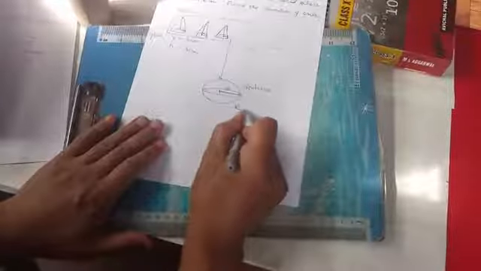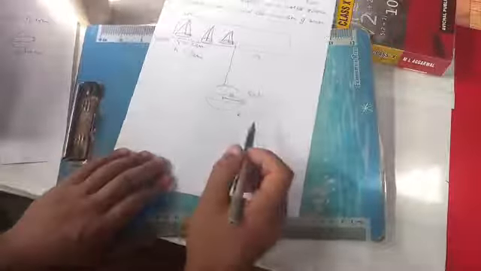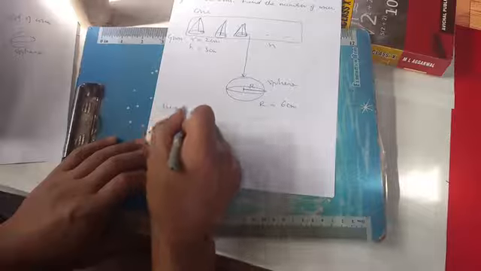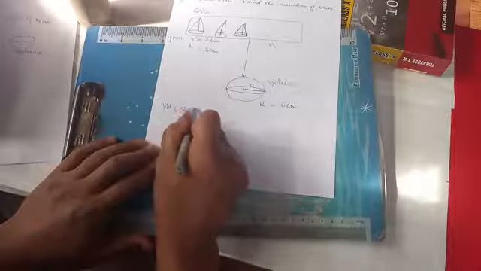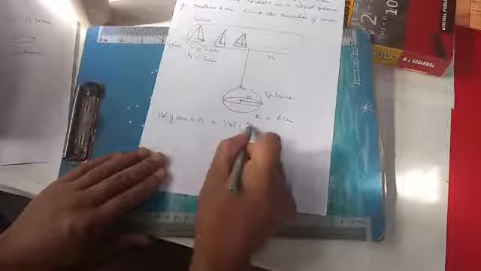So let us take the radius of the sphere as capital R, just to differentiate between the cone and the sphere radius. And how many spheres are you making? You are making one sphere. So therefore, what do you write? Volume of cone into, because all the cones are same, n, equals volume of sphere.